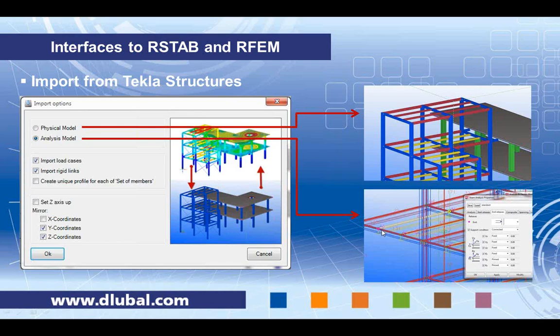Releases are represented like circles, and we have analytical nodes where both elements connect. In the physical model, we only see what we actually would see. We see the real model, actually how we build it.